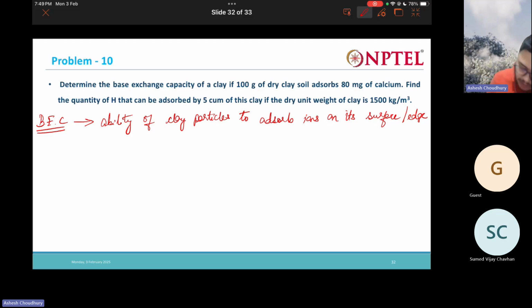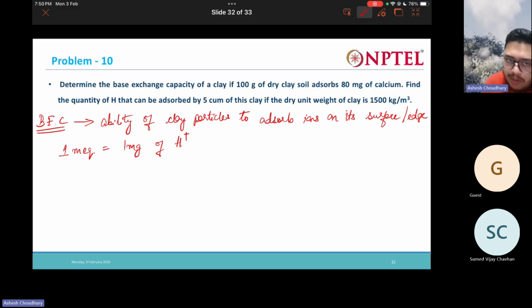Now, how to solve this problem? How to determine this base exchange capacity? So, 1 milli equivalent is equal to 1 milligram of H plus. This is the definition of milli equivalent, if you remember from your chemistry classes in class 11th.